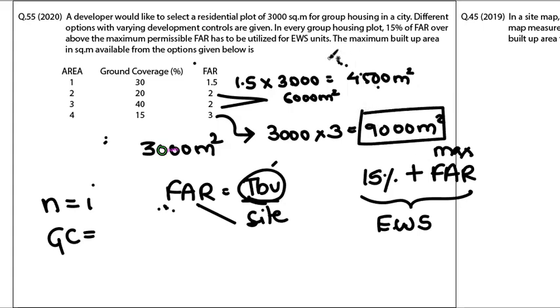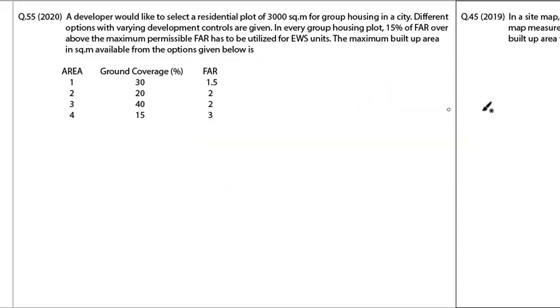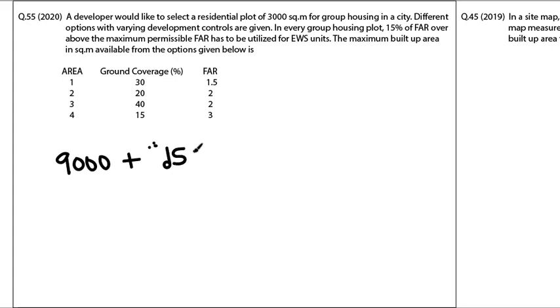But what they have asked is that 15% of FAR above the maximum permissible will be used for EWS. This 9000 meters square is the maximum permissible area available. So 15% of 9000 will be used for the EWS section. That will be 9000 plus 15% of 9000.